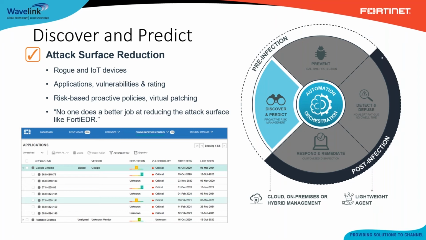Because then we can say, well, look, you've got a version of Chrome on that workstation, and we know that version of Chrome has critical vulnerabilities that are being exploited in the wild. All it's going to take is somebody to visit a booby-trapped website for that version of Chrome to become exploited. And that version of Chrome then becomes your attack vector.